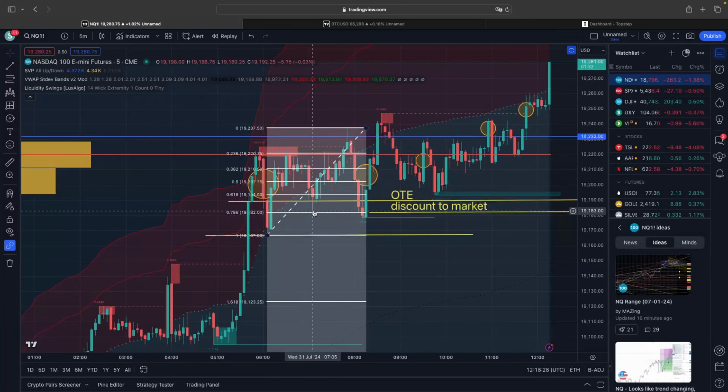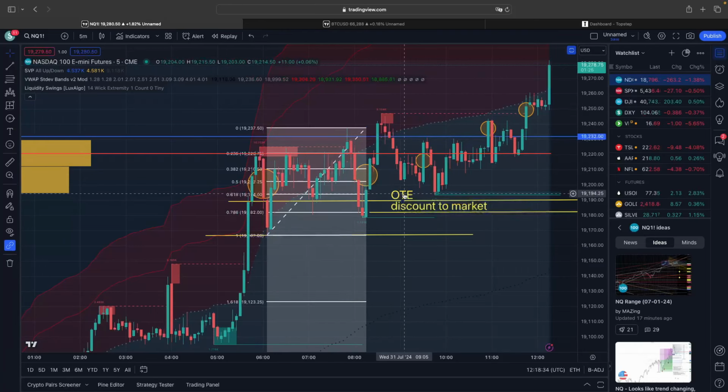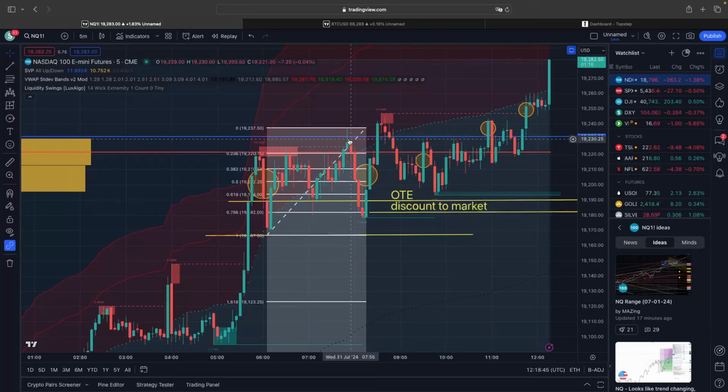And what happens? We go from down here. So if you would have done discount to the market, you would have got in at a really great price, right? If you would have gone into our optimized trading entry, you would have got into a great price. And what happens? We rally to the upside, and we've just collected 50 points just like that, okay?